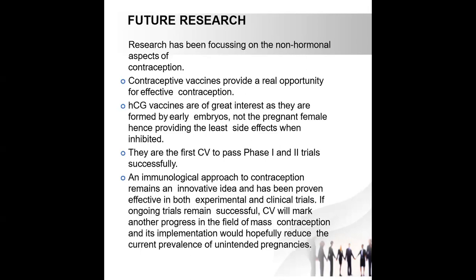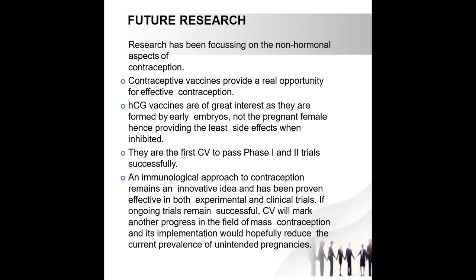HCG containing vaccines are of great interest as HCG is formed by early embryos, not the pregnant female, hence providing the least side effects when inhibited. They are the first contraceptive vaccines to pass phase 1 and phase 2 clinical trials successfully.